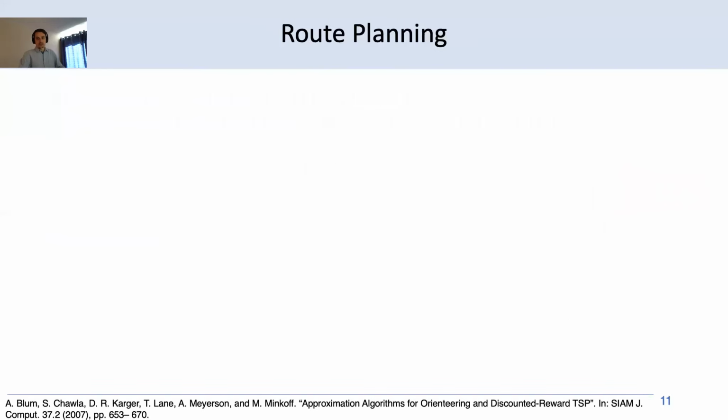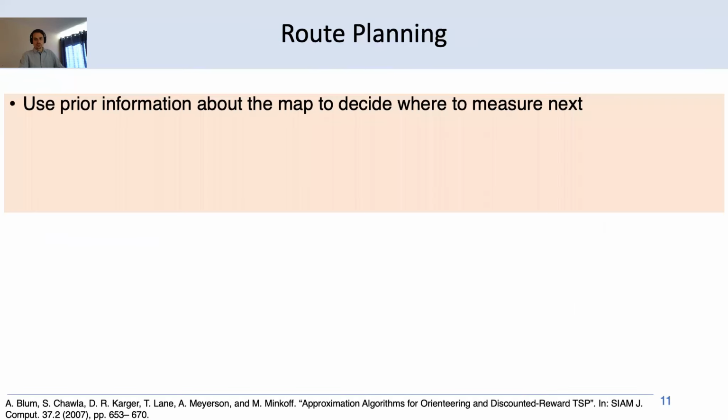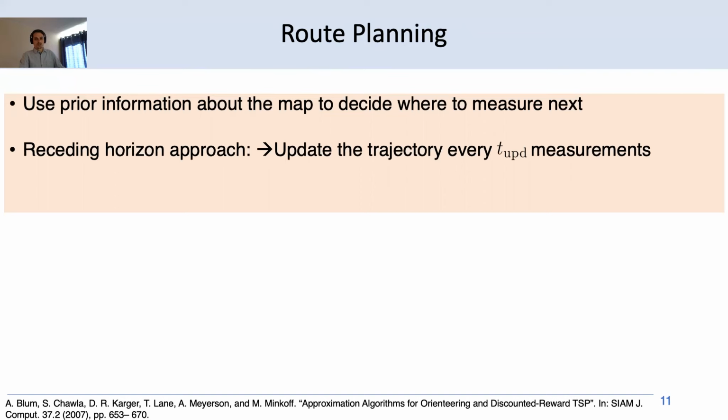The second part of the proposed approach is to use this uncertainty metric to plan a trajectory along which measurements will be collected. Addressing the problem exactly is of course intractable, so a reasonable alternative is to adopt a receding horizon approach where a trajectory is computed every certain number of measurements. To decide where to go next, one can note that measuring at a certain point reduces the uncertainty there to zero.